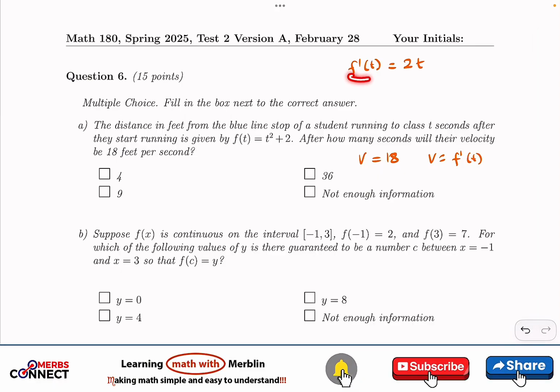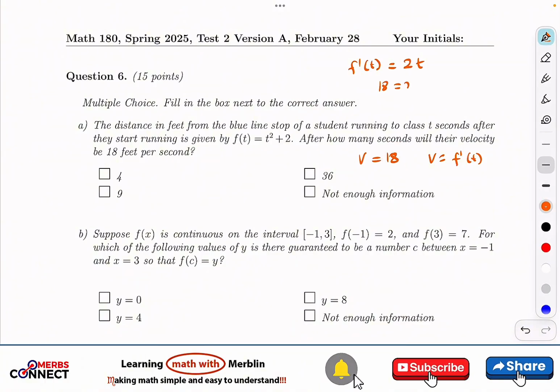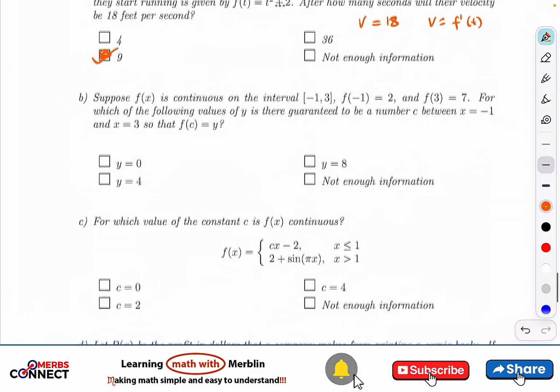Now the velocity, which is equal to f prime, is 18. So 18 is equal to 2t, and t should be equal to 9. So we should be choosing this one here.